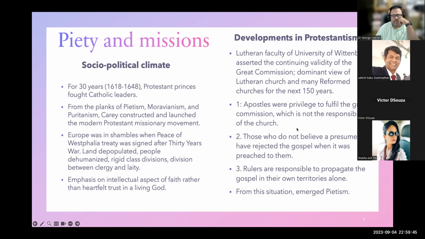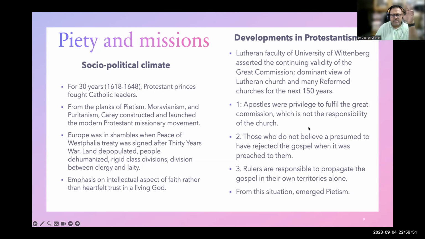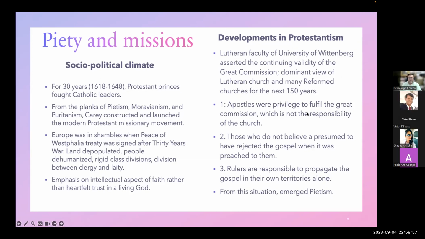And what were the other points? The Lutheran faculty of the University of Wittenberg asserted the continuing validity of the Great Commission, the dominant view of the Lutheran Church.